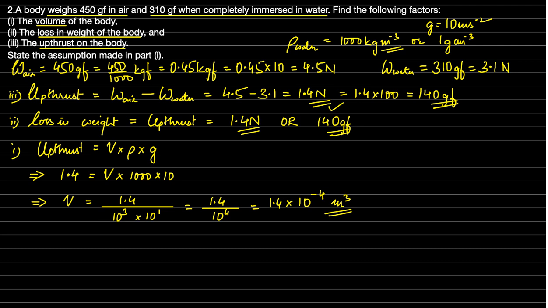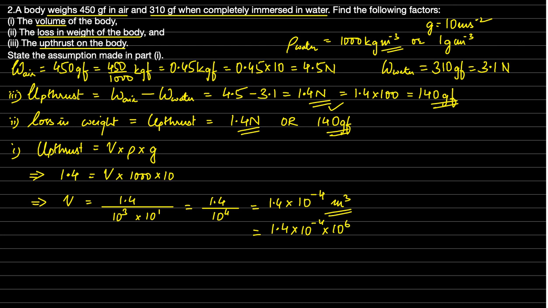Now we have to convert this to centimeter cube, as the answer is given in the textbook in centimeter cube, so we have to multiply 1.4 into 10 to the power of minus 4 into 10 to the power of plus 6.